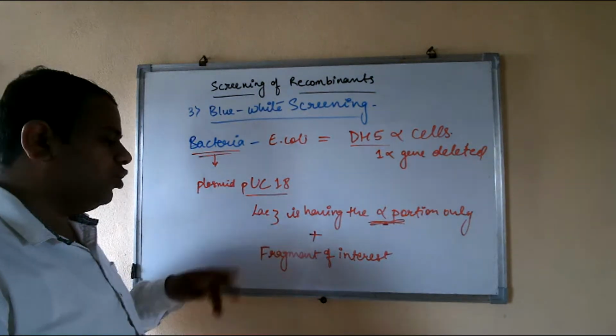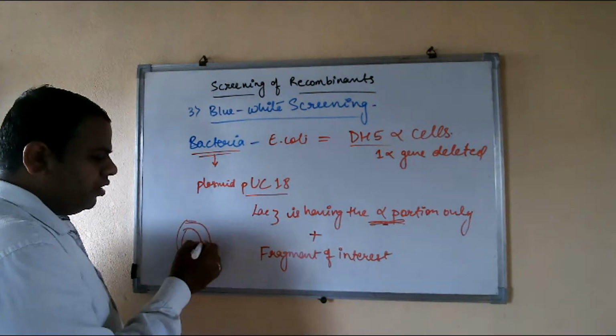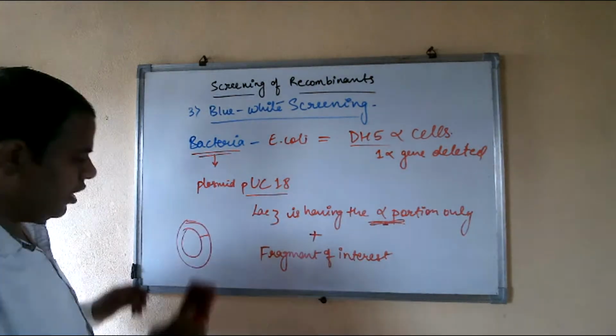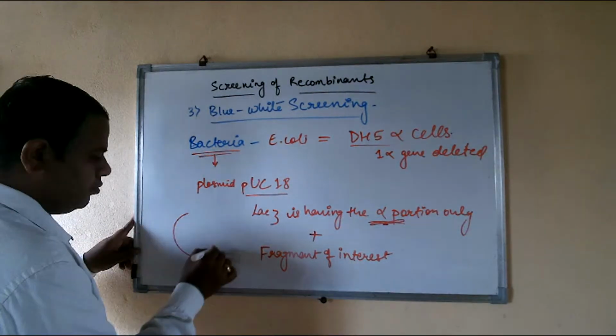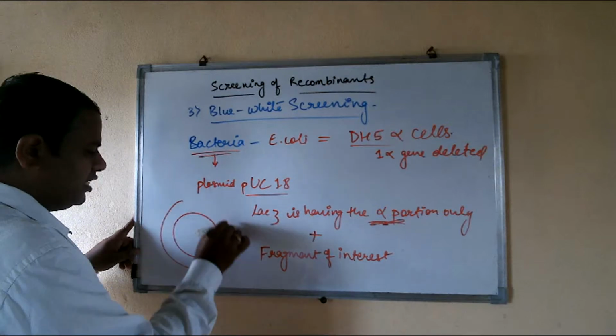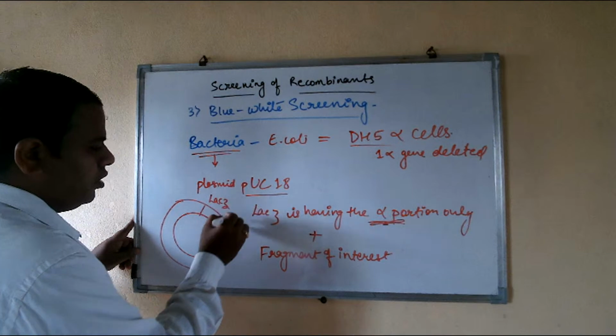Now what is going to happen? You are going to prepare the whole plasmid. Suppose I draw the diagram properly. Suppose this is the plasmid. Here the lacZ gene is there.